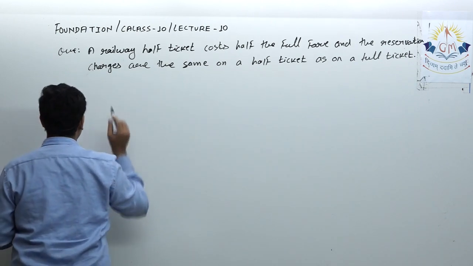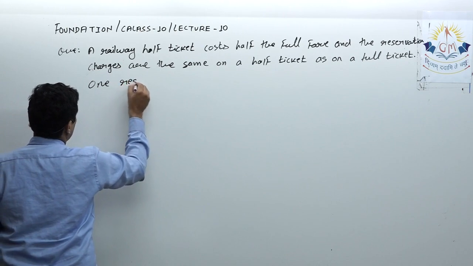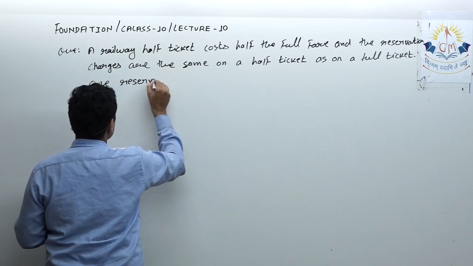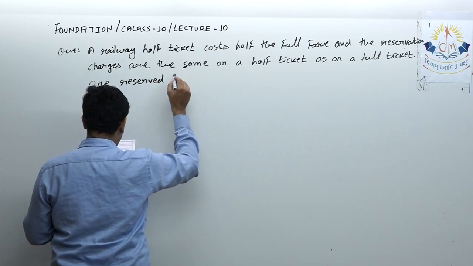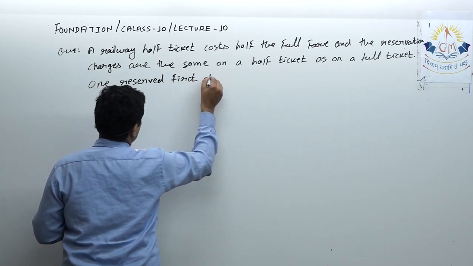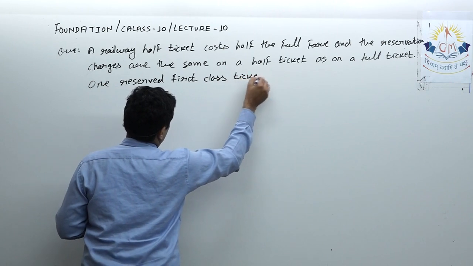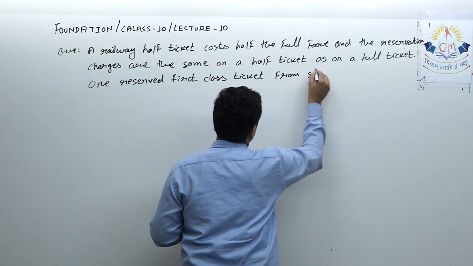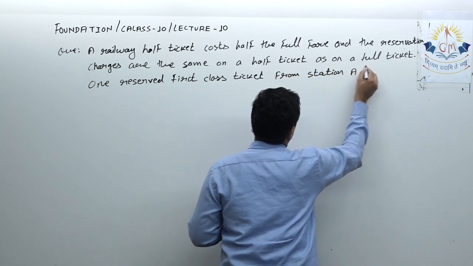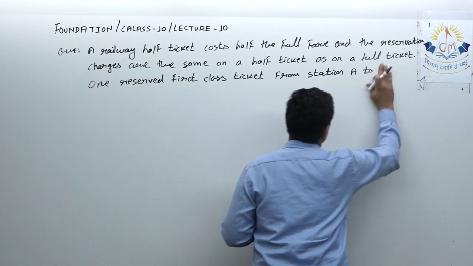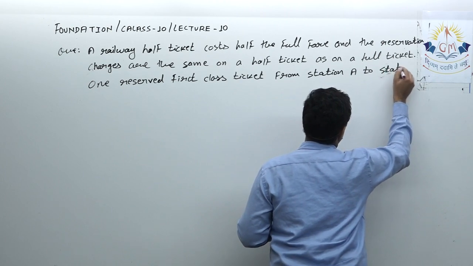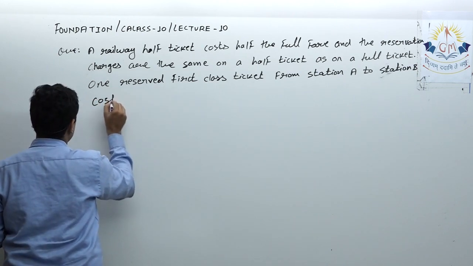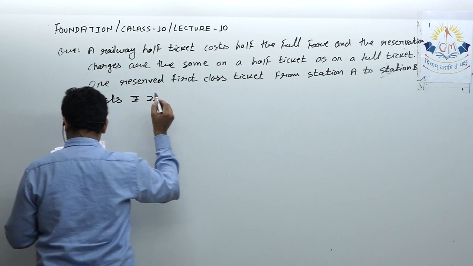One reserved first class ticket from station A to station B costs rupees 2125.